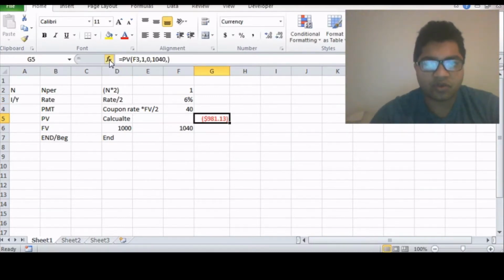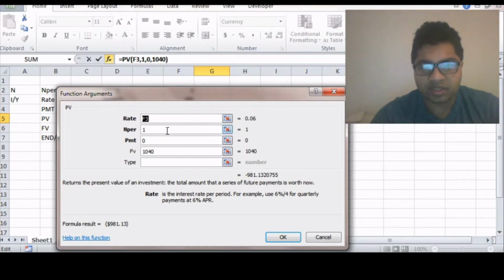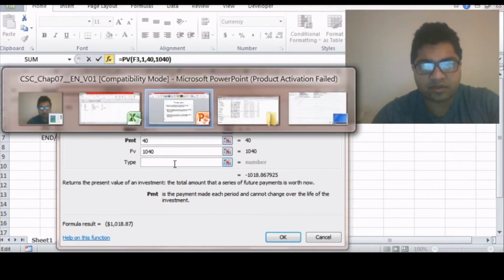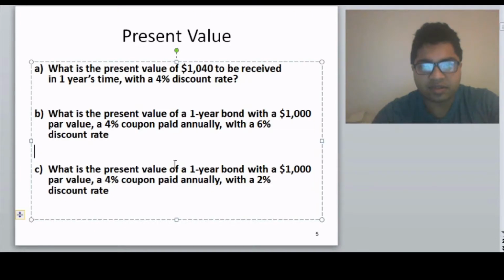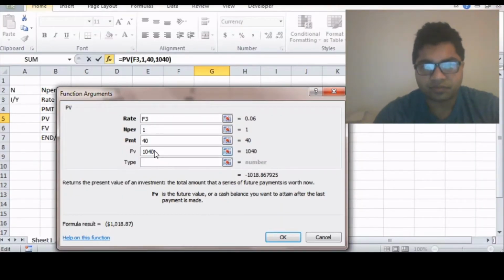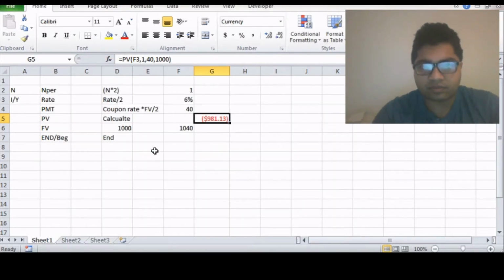If you go to this function, PMT is missing, so it is 40, and the face value they have given is 1000, not 1040. So it is 981.13.